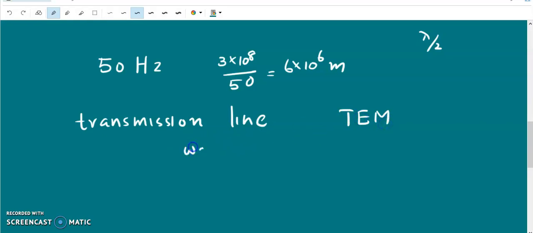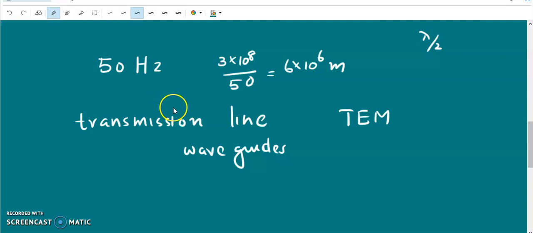They are waveguides that allow transverse electromagnetic waves to pass through. All other waveguides, single conductor waveguides, will not allow transverse electromagnetic waves to pass through.